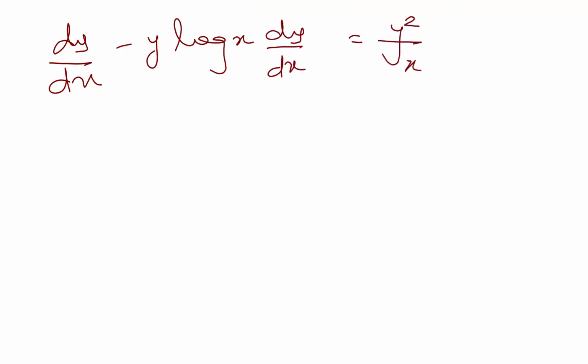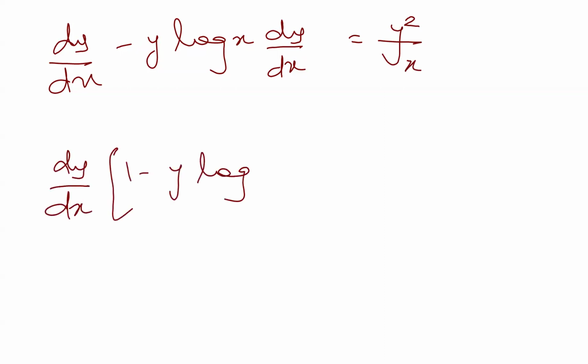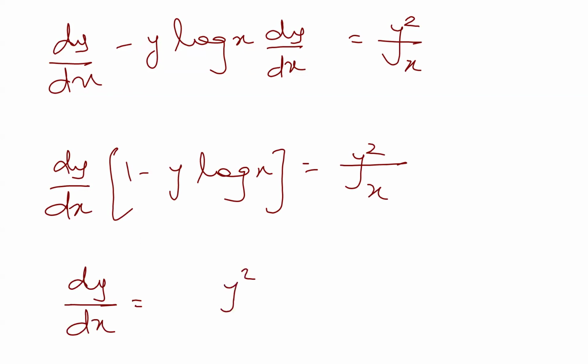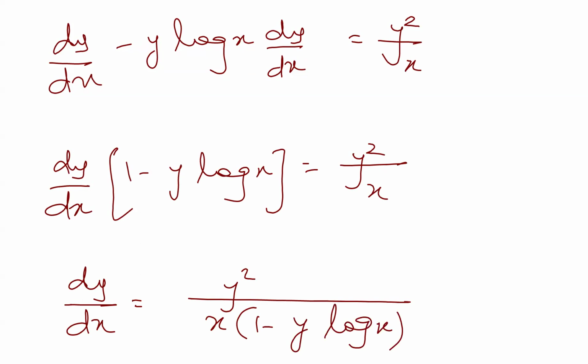So dy by dx minus y log x dy by dx is equal to y square by x. Now take dy by dx common: 1 minus y log x is equal to y square by x. Cross multiply. Dy by dx is equal to y square upon x into 1 minus y log x.